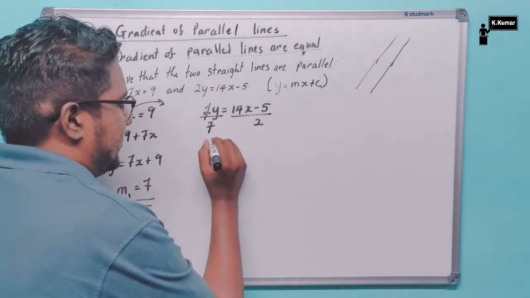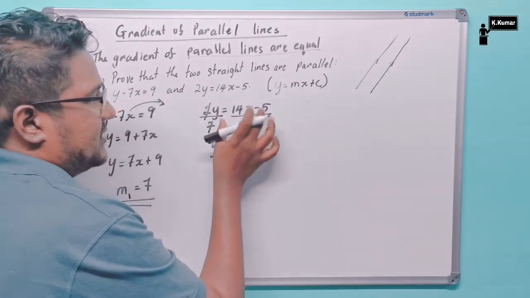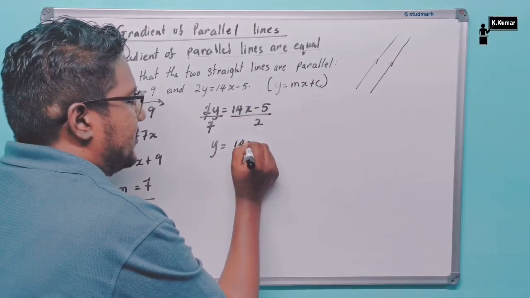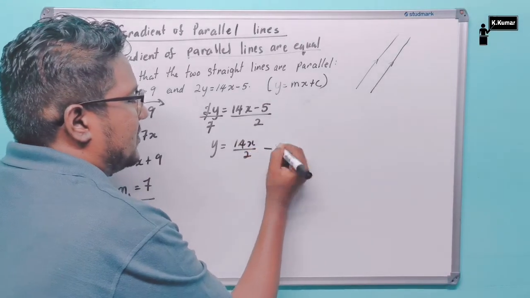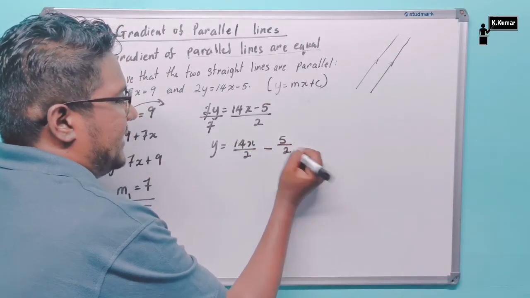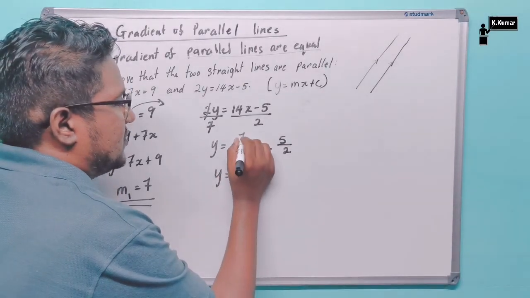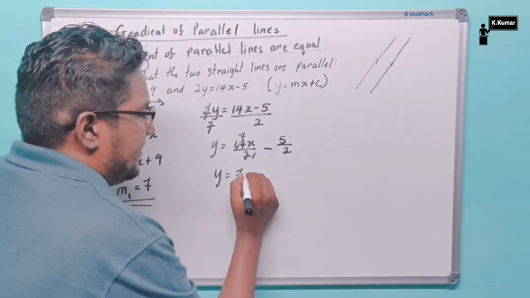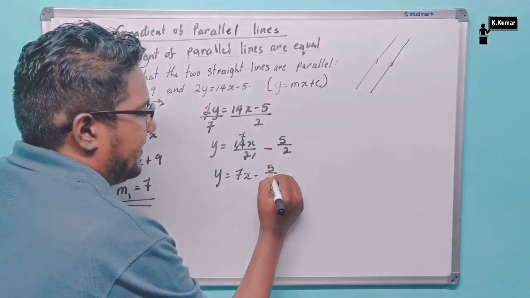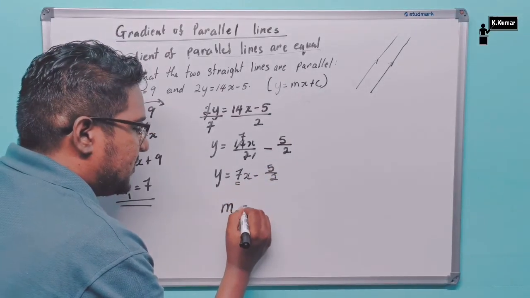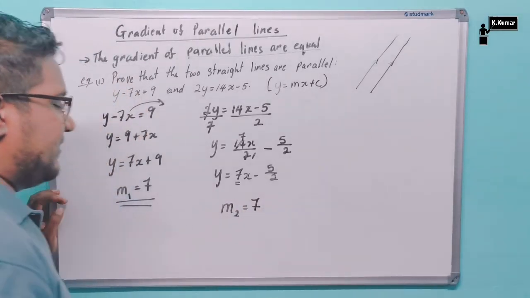So let's just split this now because you have the sign there. It's going to be 14x divided by 2 minus 5 divided by 2. y is equal to 7x minus 5 over 2. And if you notice here, m2 is also equal to 7.